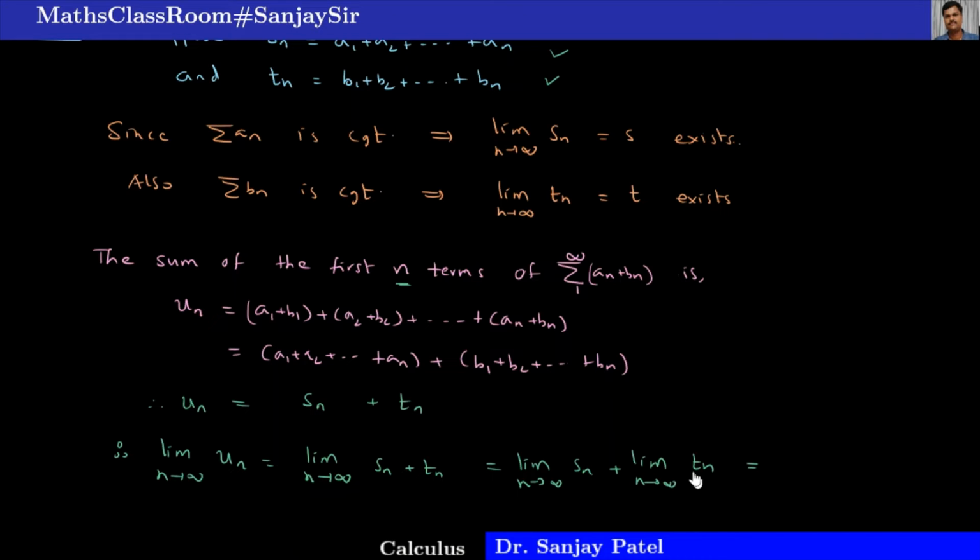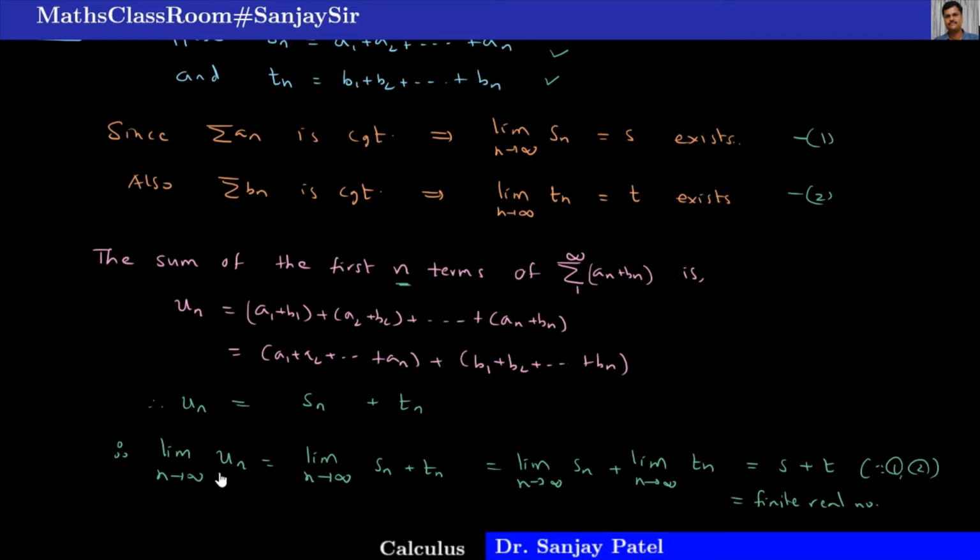And both of these limits are S and T respectively, which is given in statements 1 and 2. So what we have proved is that the limit of un is S plus T. Since S and T both are real numbers, this is also some finite real number.